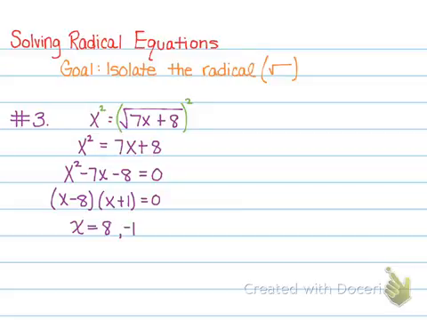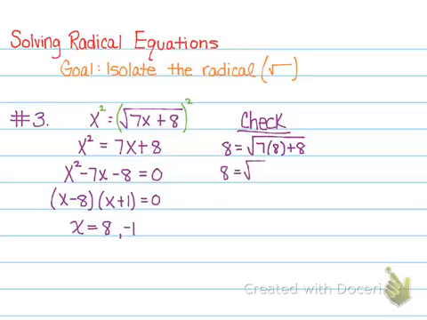But now we need to check both of them. So if I use 8 first, then 8 should equal the square root of 7 times 8 plus 8. So 7 times 8 is 56. So I get 8 equal to the square root of 56 plus 8. 56 plus 8 is 64, and the square root of 64 equals 8.